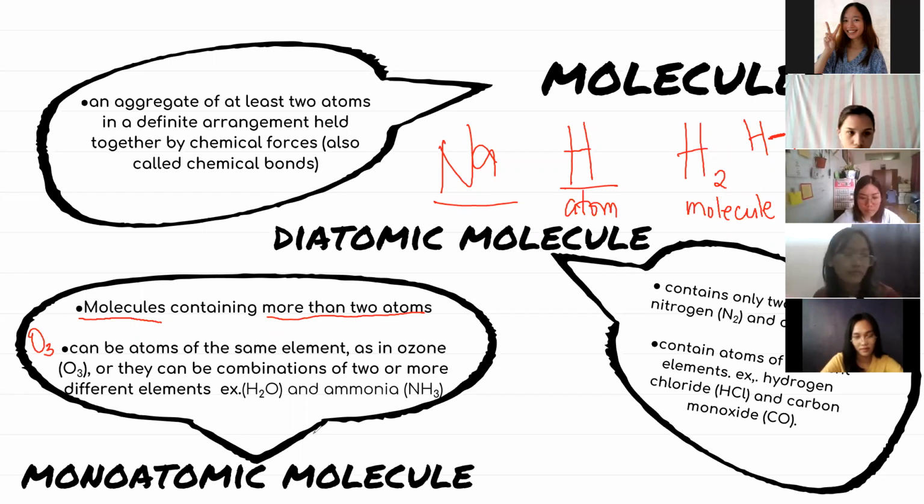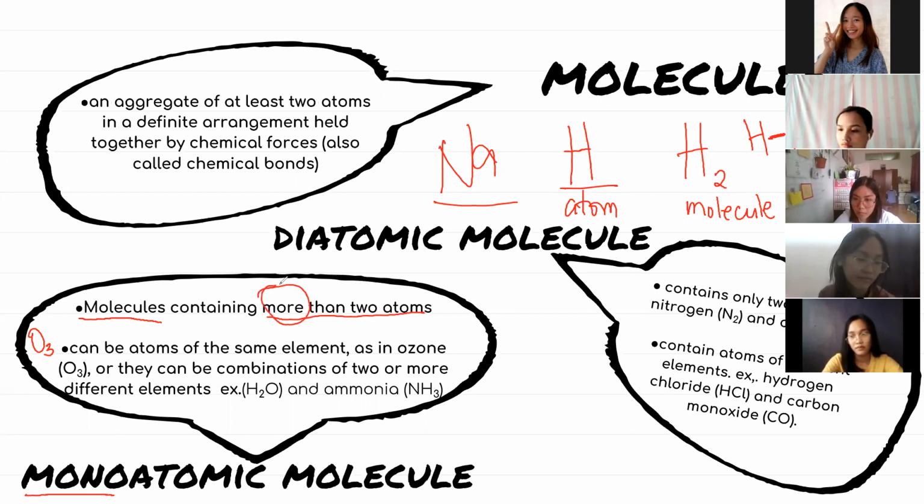It has 3 atoms of oxygen, more than 2. Students get confused by the prefix, since mono means one. But when you say polyatomic molecule, these are molecules that contain more than 2 atoms.